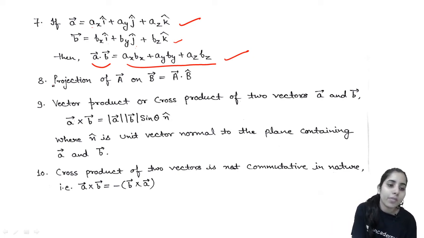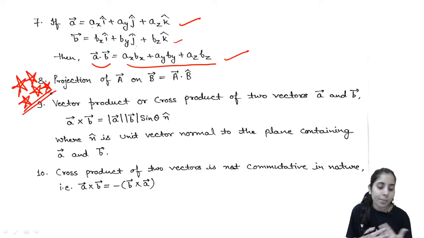Next, a very important point from which we already had questions in previous years and may even get them in our upcoming exam, related to the projection of any vector on any other vector. How do we find this?